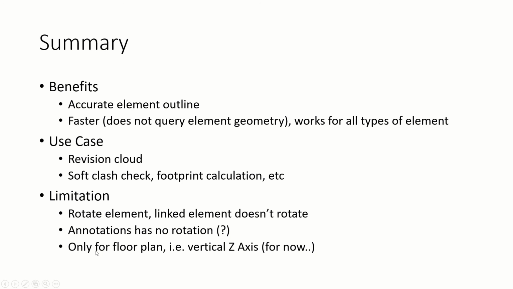And thirdly, right now it only works on floor plans because I'm just taking the shortcut to get the x, y's without considering the possibility that the z-axis is not straight up. But the same kind of concept will apply. You can easily modify the script to make it work on other types of views, say, slanted floor plans or elevations. So there's that.